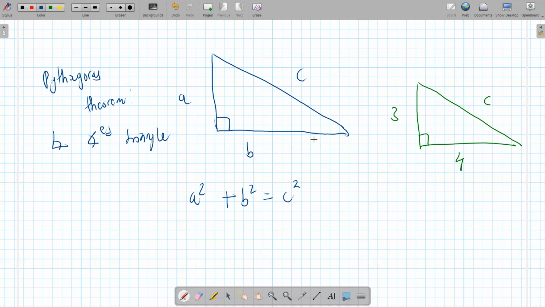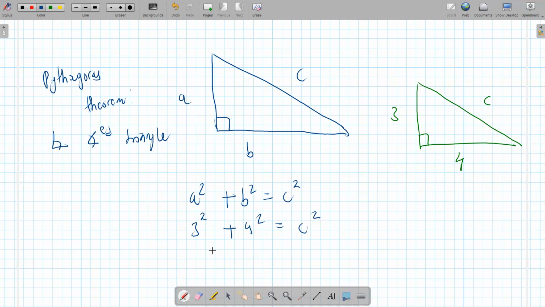So here, we're trying to solve for C, right? We don't know what this side is. So let's plug in what A is. A is 3. So you get 3 squared, not 3 times, so this is 3 squared plus B is 4, B squared equals C squared. What is 3 squared? 3 times 3.